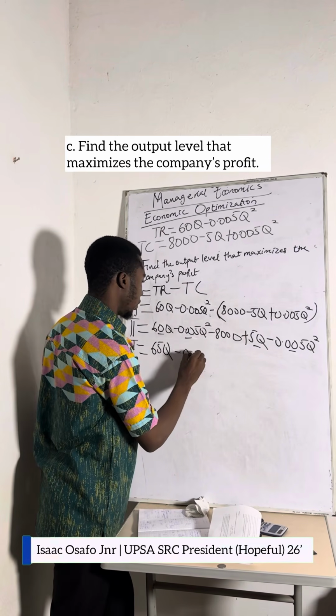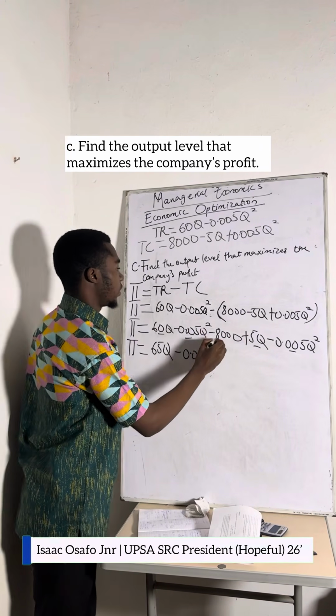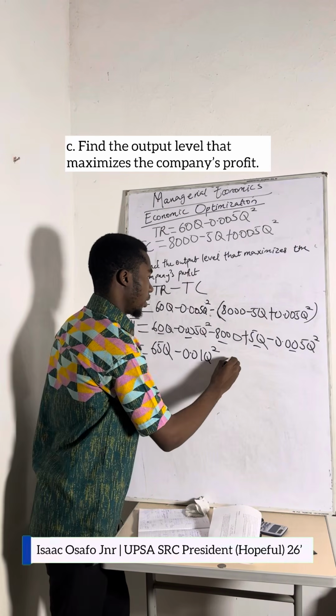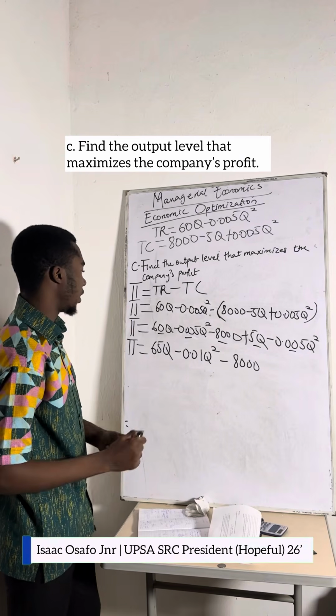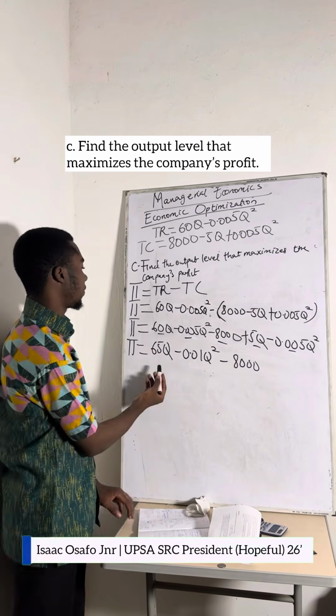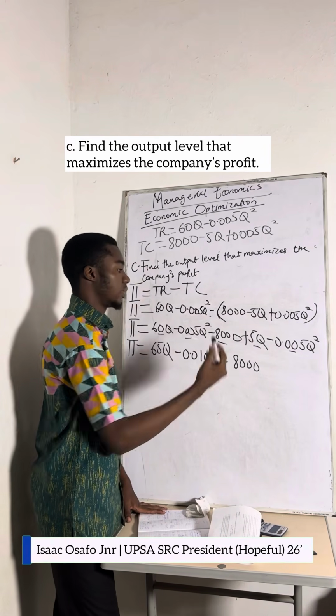Then negative 8,000, there's no other number, right? So minus 8,000. This should give us our final profit function. So our profit function is 65 Kil minus 0.01 Kil squared minus 8,000.